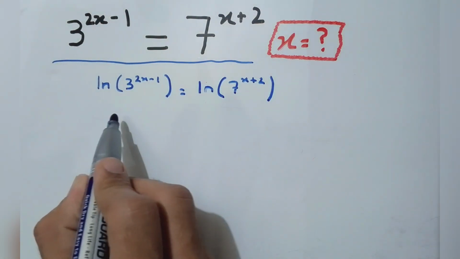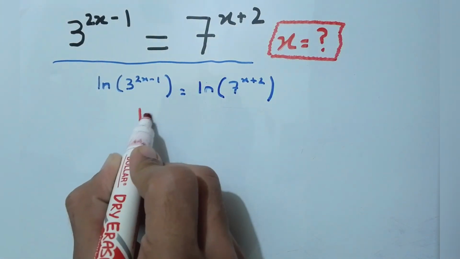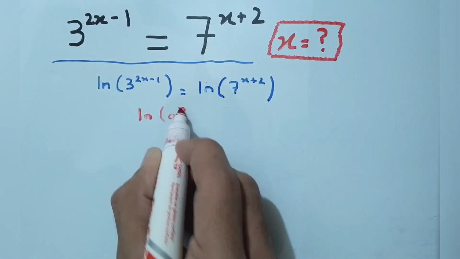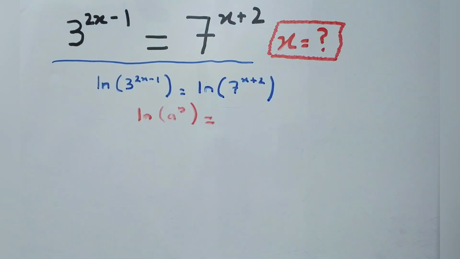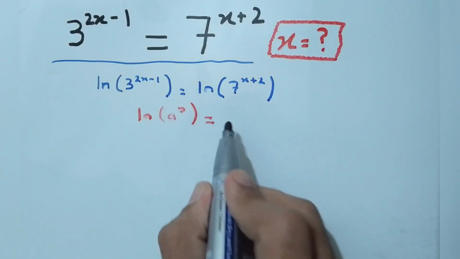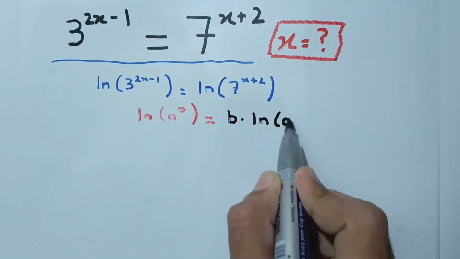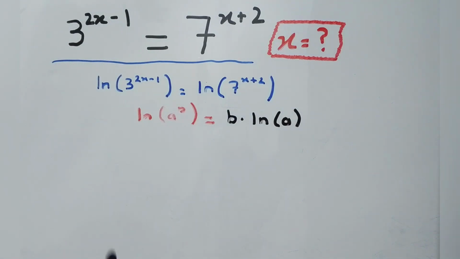The rule of ln we are going to apply here is that ln of a raised to the power b becomes b multiplied by ln of a, as the power comes down. So basically we are going to apply this rule here.